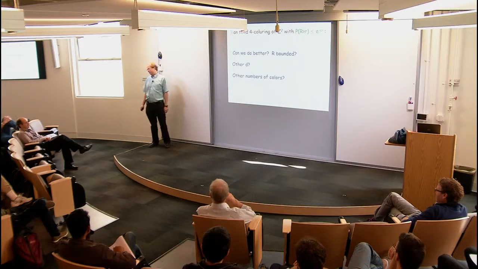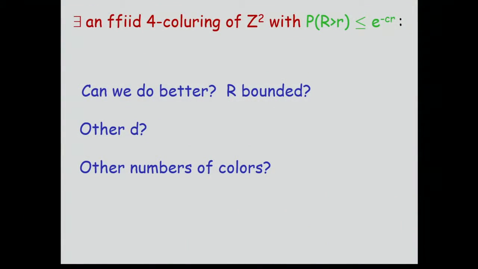Okay, questions. Can we do better? So this was already pretty good in some sense because I only used 4 colors and my R was a nice variable with exponential tails, but maybe R could be bounded. That would be far better. Why not? And of course, what about other dimensions, and what about other numbers of colors? More colors makes things easier, but could I do this with 3 colors, for example?